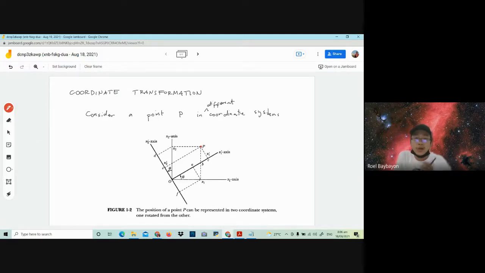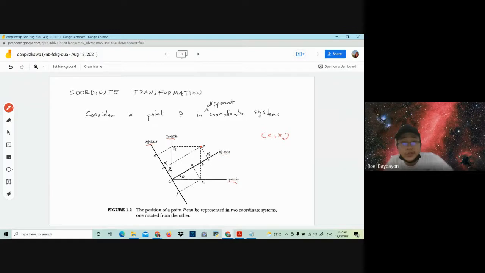And then I also placed point P in these two coordinate systems. This is my x1, x2 coordinate system. I call this one the x1, x2 coordinate system. The other one has x1 prime and x2 prime.